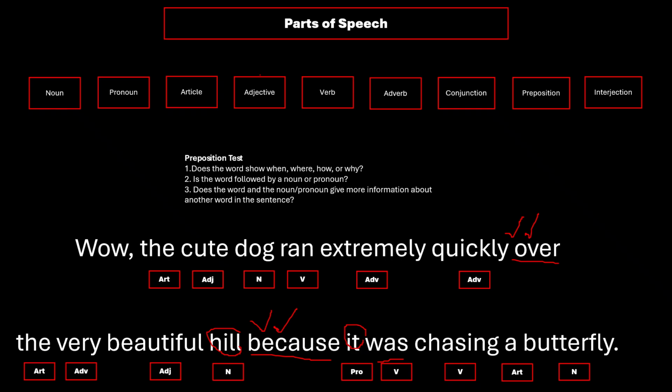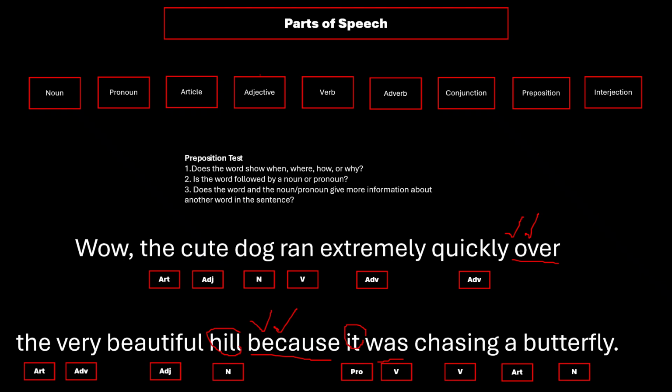Or simply put, this over the hill serves as a modifier to another word, and the word because it serves as a modifier to another word, which makes a meaningful statement or not.